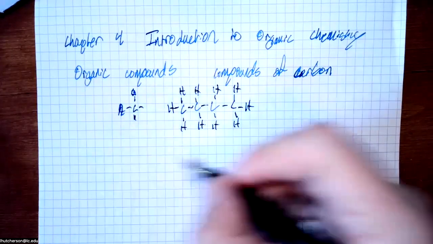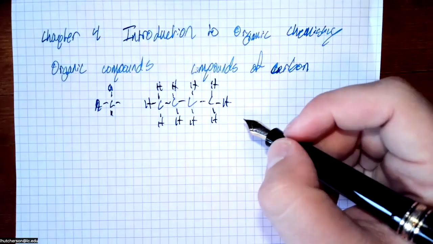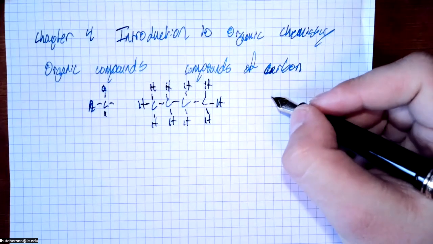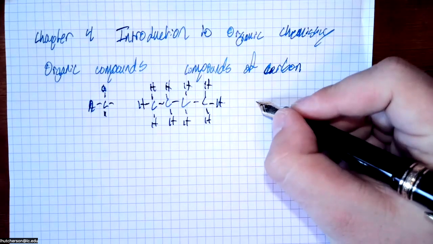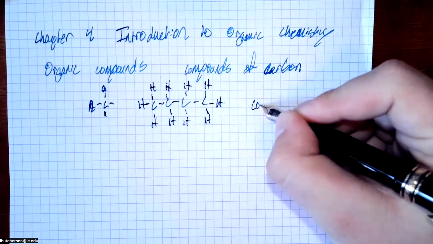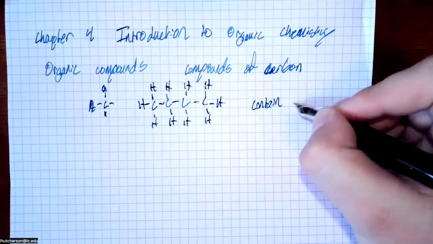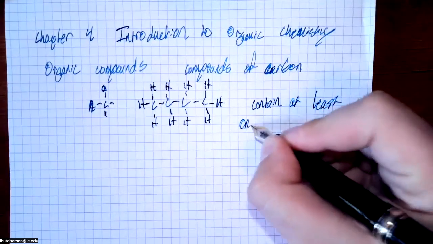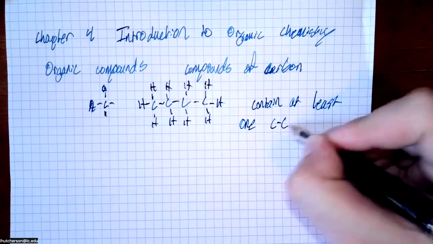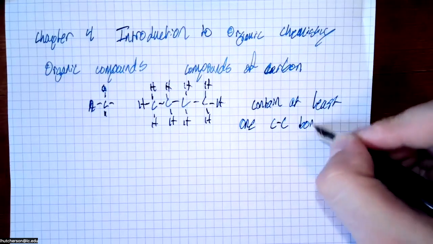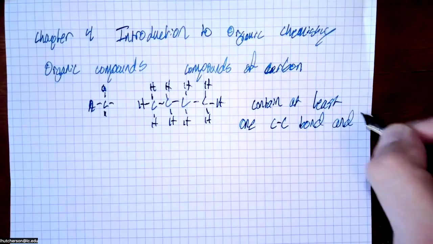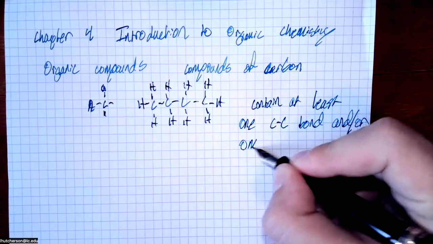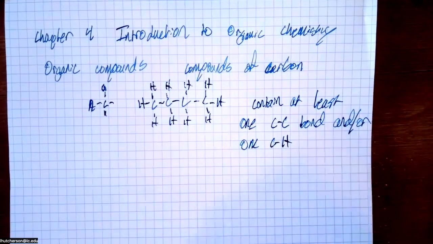Now, for our purposes, I'm going to give you this definition for an organic compound. Organic compounds contain at least one carbon-carbon bond and or one carbon-hydrogen bond.